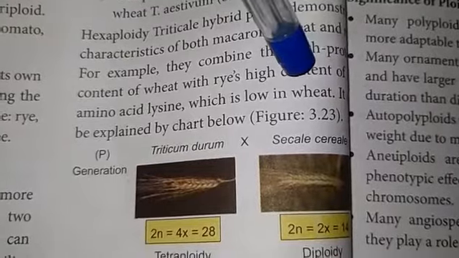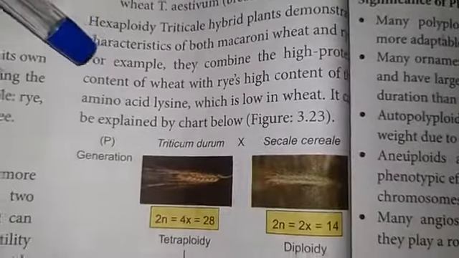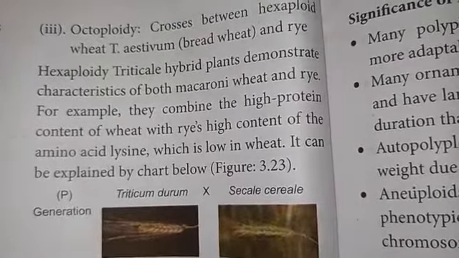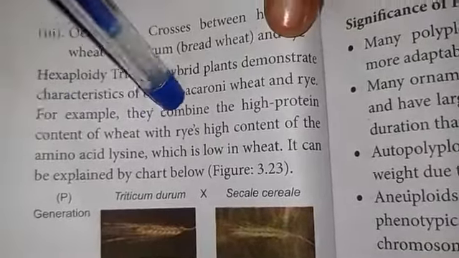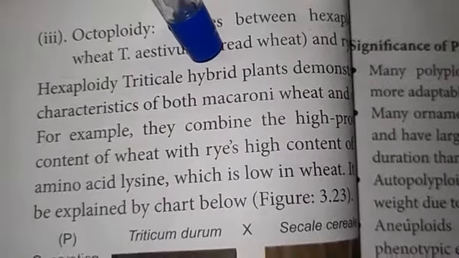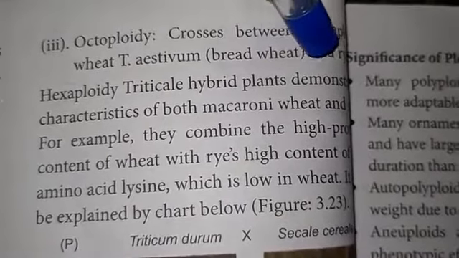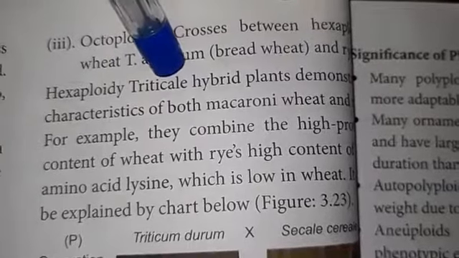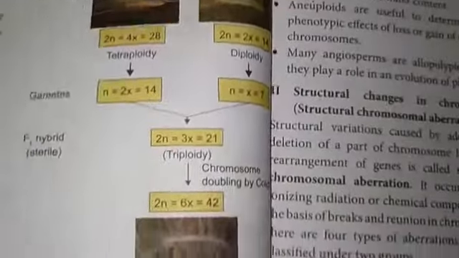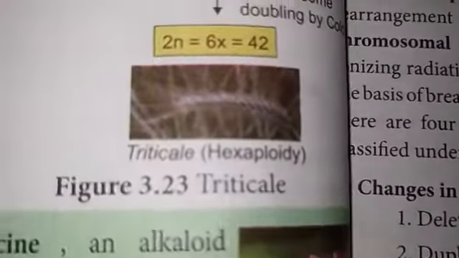The amino acid lysine is low in wheat. It can be increased by crossing the wheat with the rye. So this possesses the macaroni wheat habit and also the rye one.